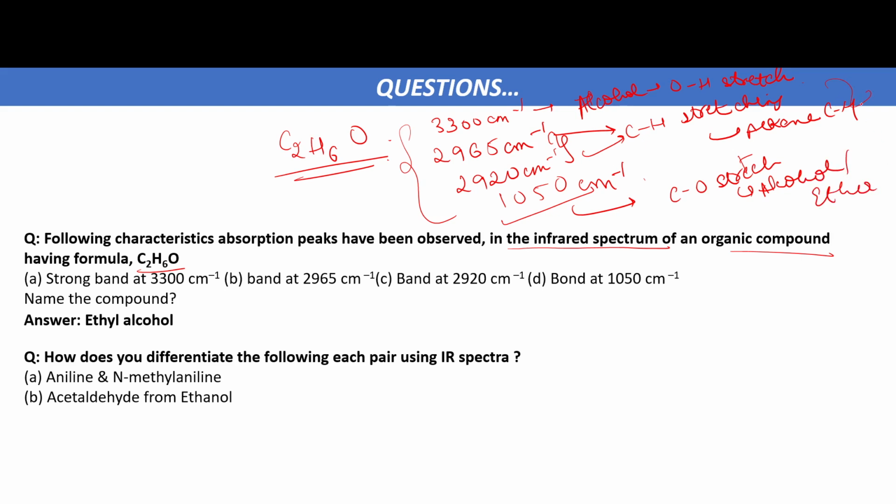If we compare these three results for C2H6O, we can simply see that the molecule is ethanol. It is C2H5OH: one OH, one CO bond, and CH stretch. These three.